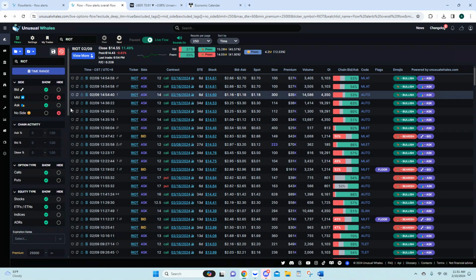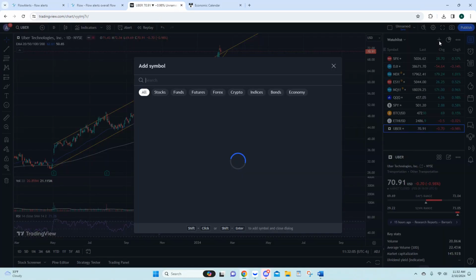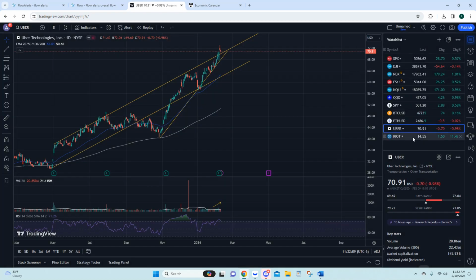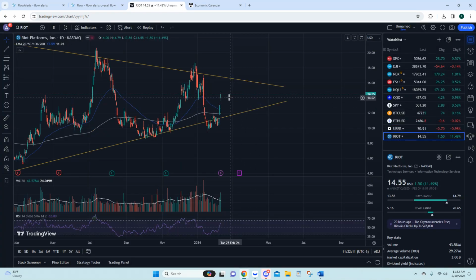But you can see a lot of these contracts are coming in close to the end of the day here. And a lot of them are short-term contracts as well. So if these were all coming in at like 10 or 11 in the morning, I would come over to the chart and pull up Riot here, and kind of dig in and see how much is going on.